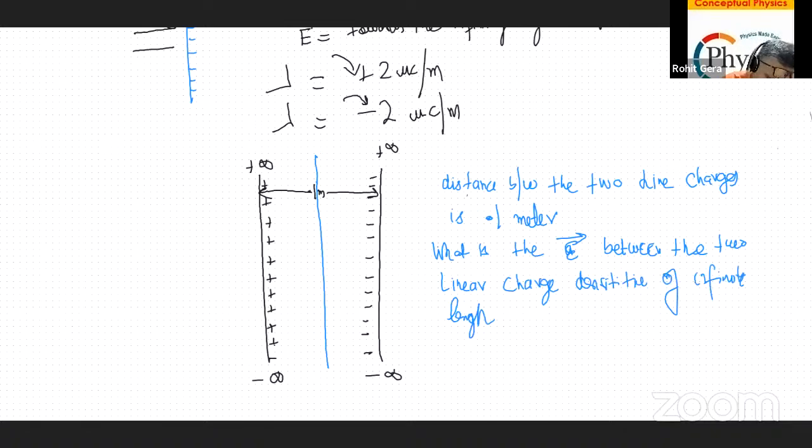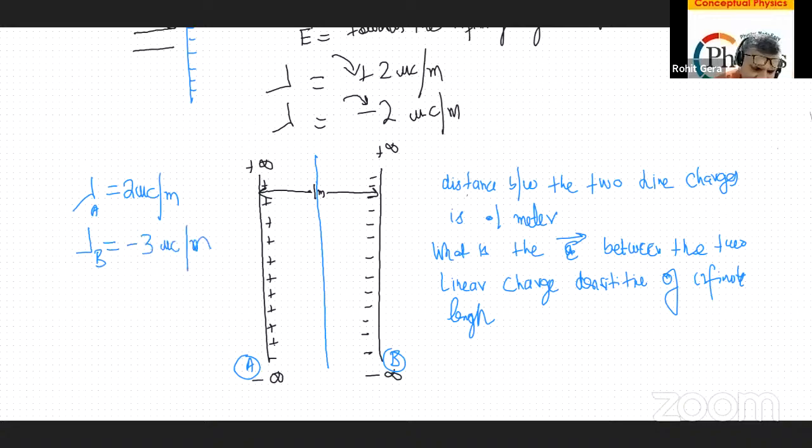Given lambda A, this is A and this is B. The lambda due to A is given to be 2 microcoulomb per meter. The lambda due to B is given to be minus 3 microcoulomb per meter.